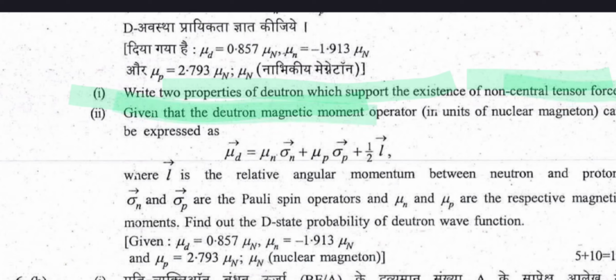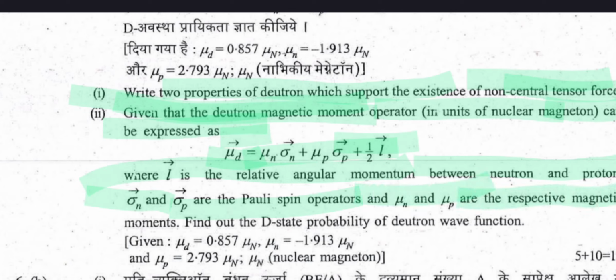Give the deuteron magnetic moment operator, in units of nuclear magneton, which can be expressed as mu d vector is equal to mu n sigma n plus mu p vector sigma p plus 1 by 2 L, where L is the relative angular momentum between the neutron and proton, sigma n and sigma p are the Pauli spin operators, and mu n and mu p are the respective magnetic moments. Find the d state probability of the deuteron wave function. So this is the derivation part.